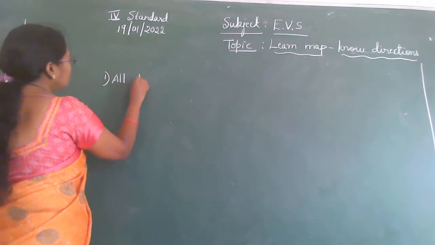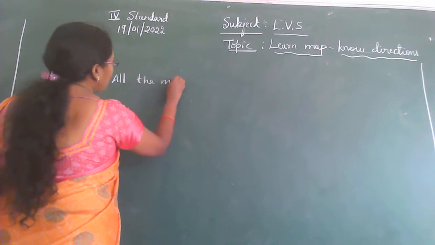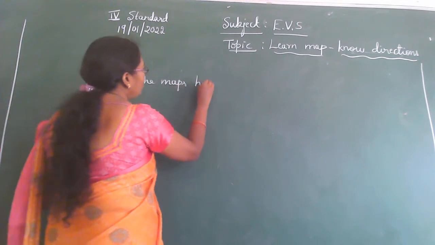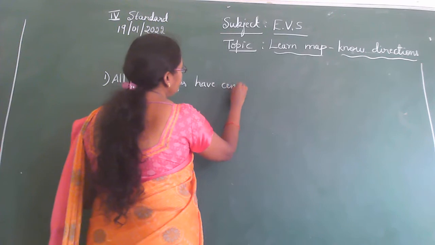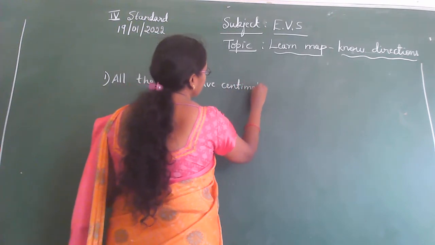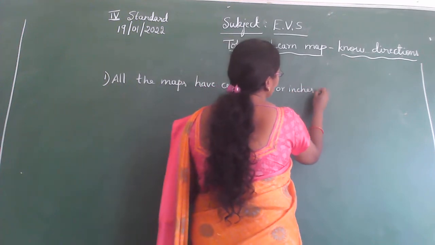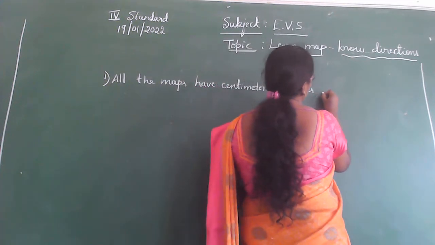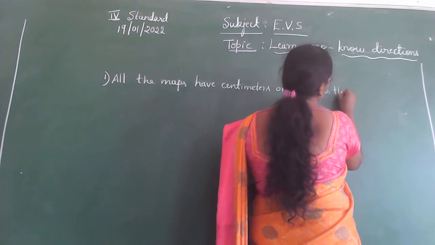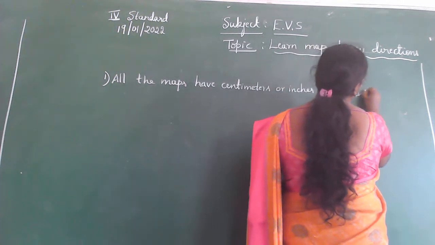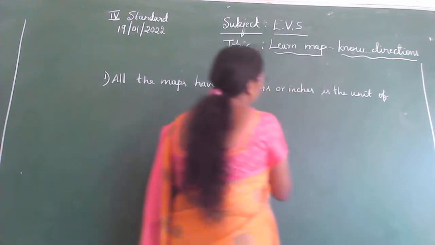All the maps have centimeters or inches. The unit of measurement.